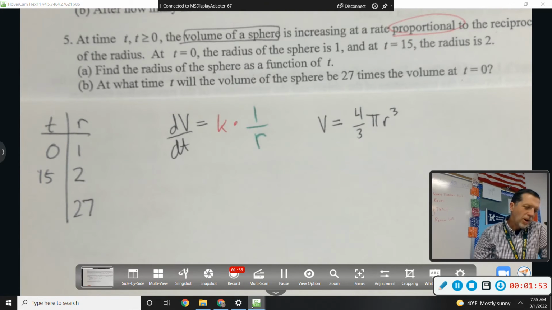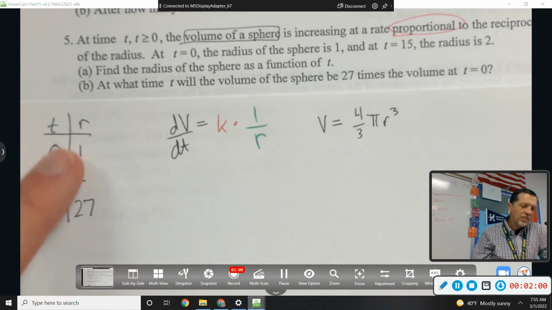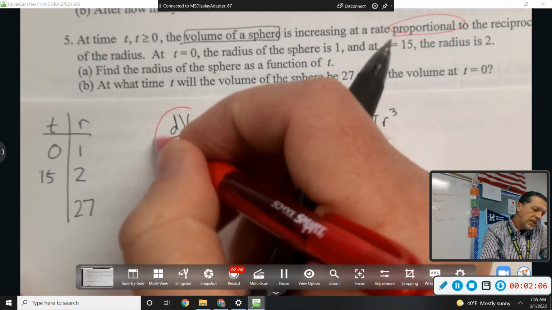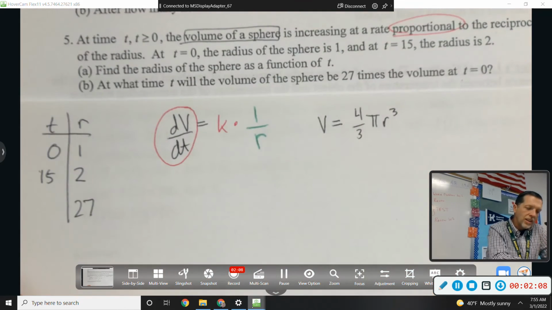So I'd probably like all my v's to go away. I'd probably like everything in terms of r, since that's what most of the problem is. So I would like to replace dV/dt with something with r in it.